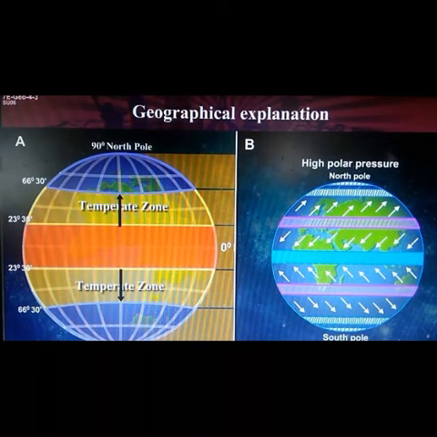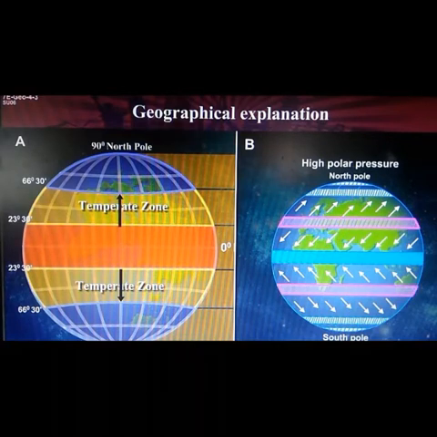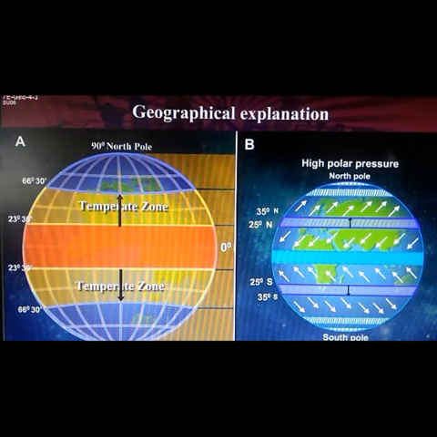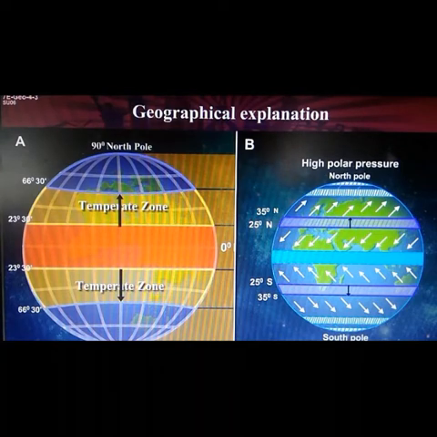But if we see the air pressure belt on the other hand, we find that it has a limited extent. It is generally up to 10 degree parallel.